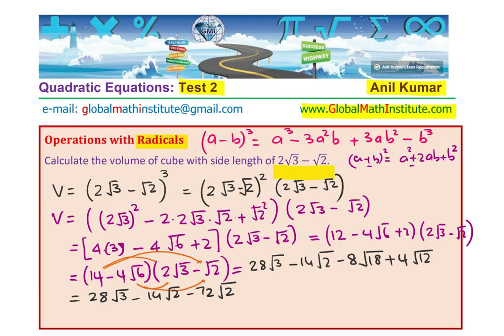So 2 comes outside, right? So 8 square root 3. Now you can combine 28 square root 3 with 8 square root 3, which gives you 36 square root 3. And the square root 2's, minus and minus 72, they can be added. We get negative of 86, right?